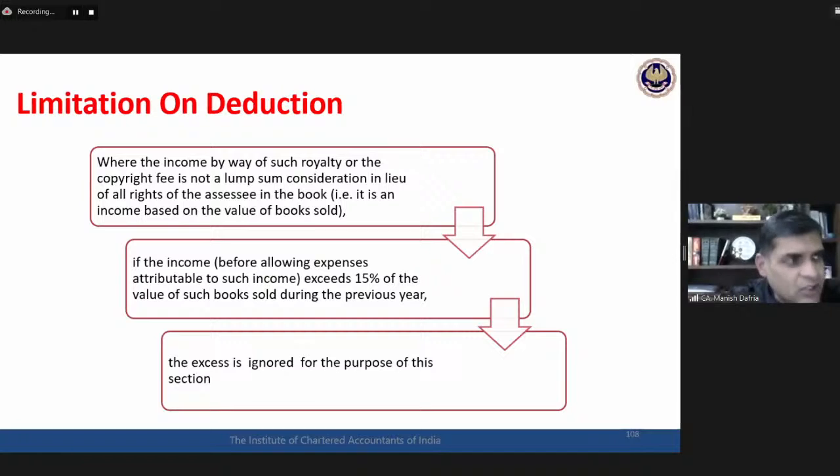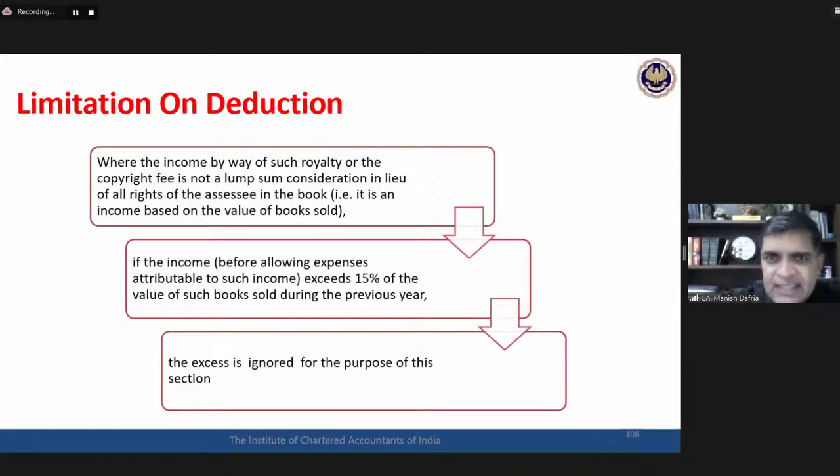So if the total sale value of the book is, for example, 10 lakhs, and the royalty which my assessee is receiving is at the rate of 25%, that is 2.5 lakhs. Law will say no, you are getting 2.5 lakhs, but we will treat you as getting royalty up to 1.5 lakhs only. The excess you are getting is your taxable income, but that is not in the nature of royalty.